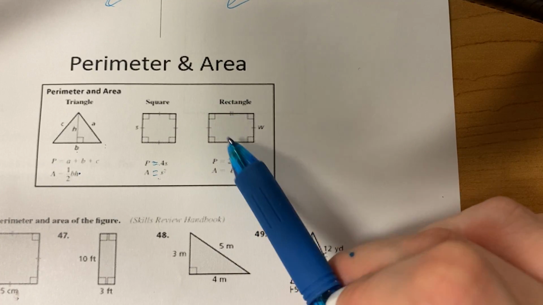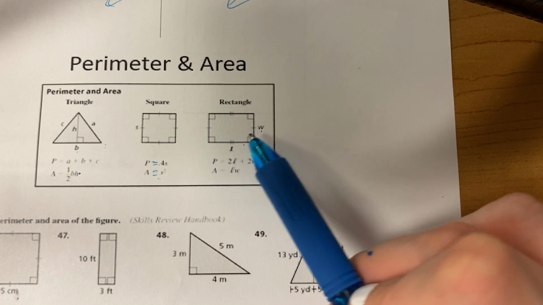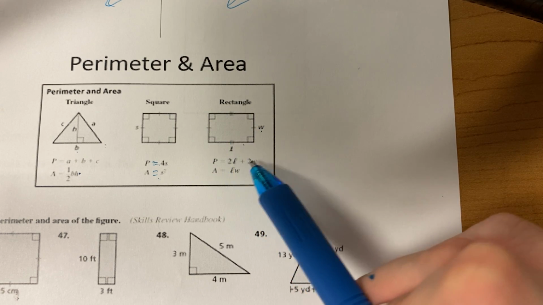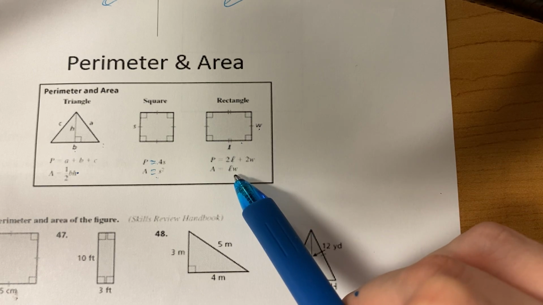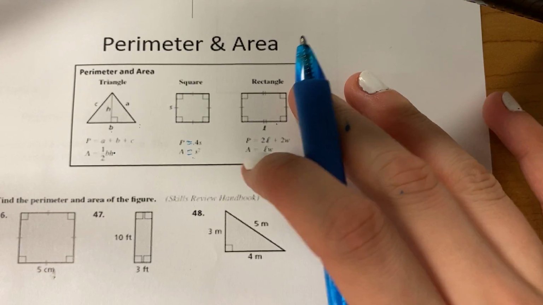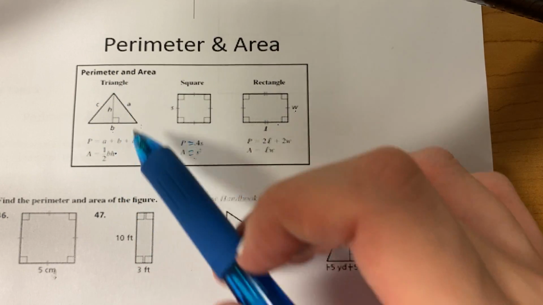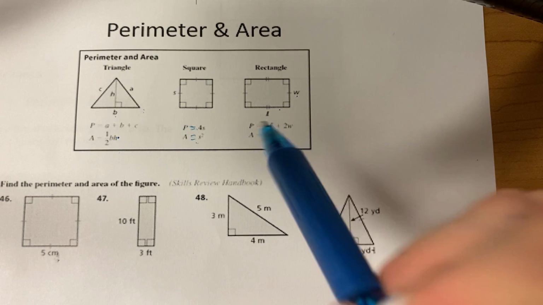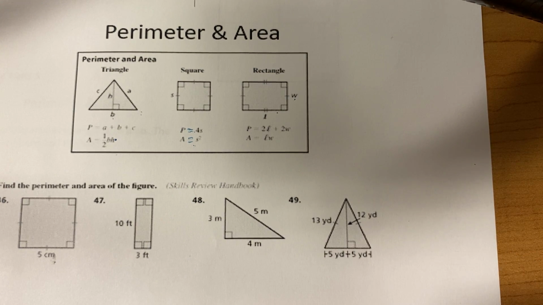For a rectangle, the opposite sides are the same, so you can double the length and double the width, add them together, and that's the perimeter. Length times width gives you the area for a rectangle. And I don't think I talked about the area of a triangle, but it's 1/2 base times height. So you should know all of these pretty well. If you don't, go ahead and put them in memory because you're gonna be using them a lot.